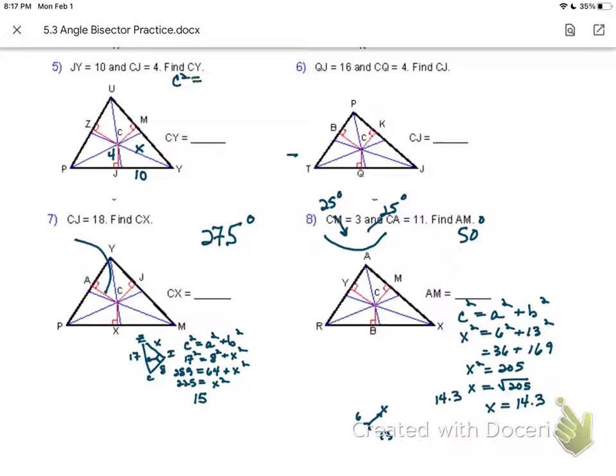C squared equals a squared plus b squared. So C is the hypotenuse, and the other two are the legs. Square each leg, the order doesn't matter. That's going to give me 16 plus 100, which gives me 116 for x squared.